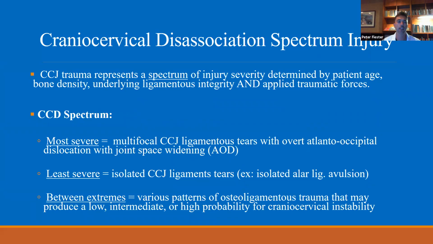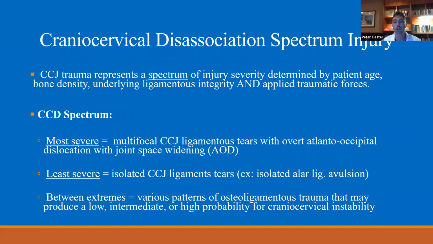So when you think about it that way, you have a spectrum of trauma, where the most severe, most significant injuries are those in which you have major craniocervical junction ligament tears, and then you get overt atlanto-occipital dislocation. It's basically atlanto-occipital dissociation injury, AOD. The least severe spectrum injuries would be isolated ligament tears of the craniocervical junction.